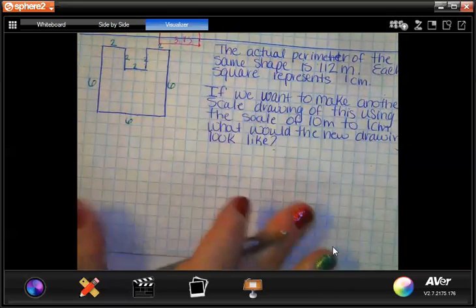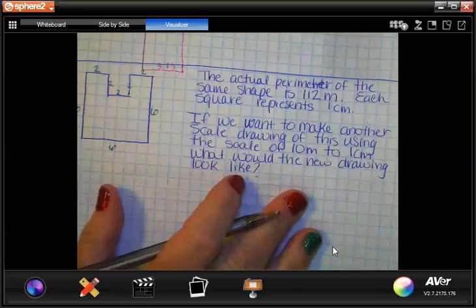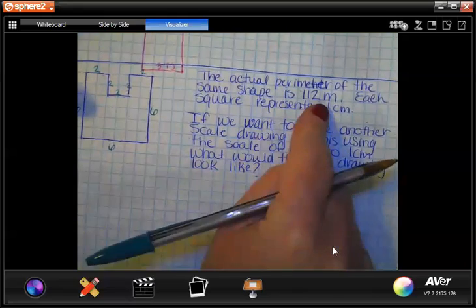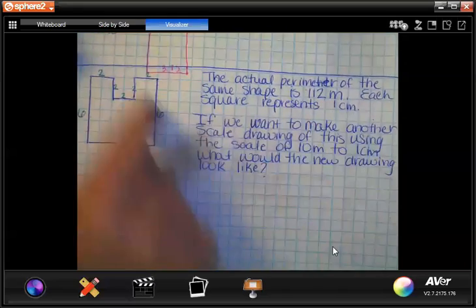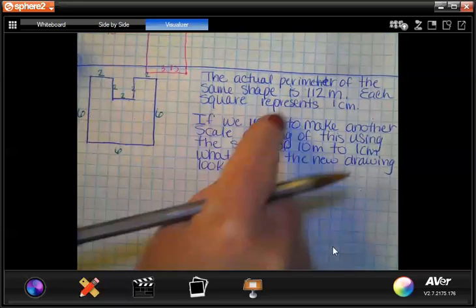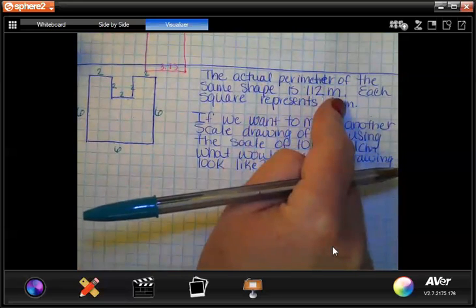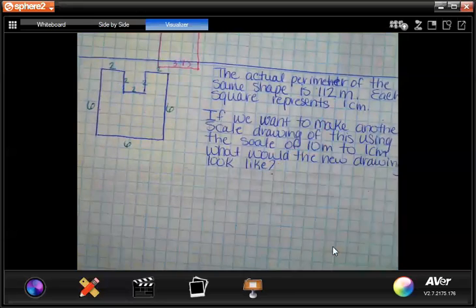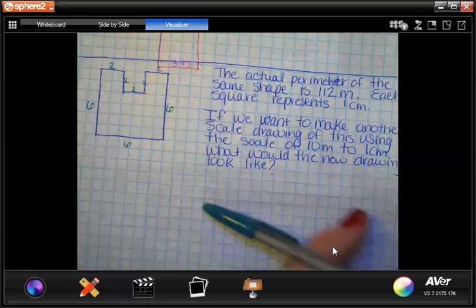Now, what we know is that the perimeter of the actual shape that's like this is 112 meters, right? Well, they don't give us the scale factor of this, do they?